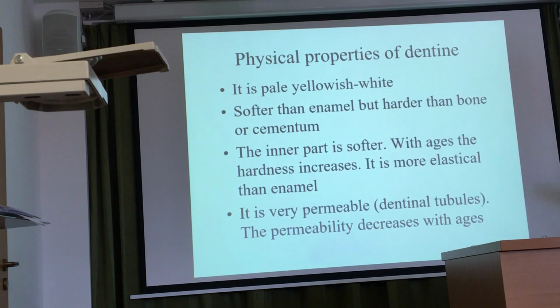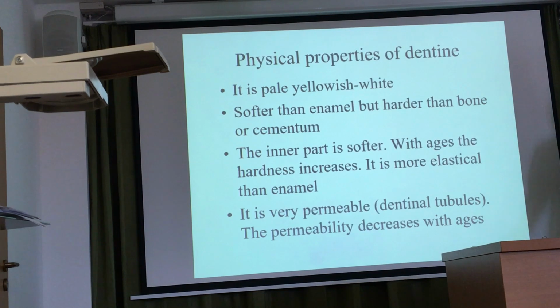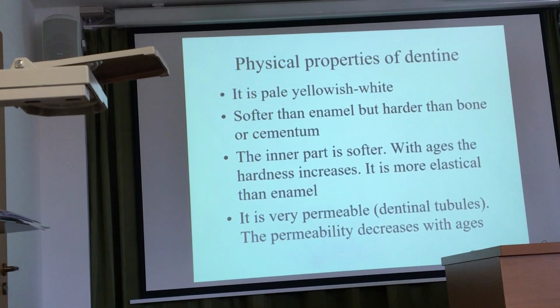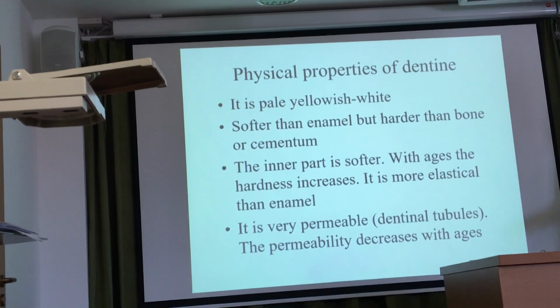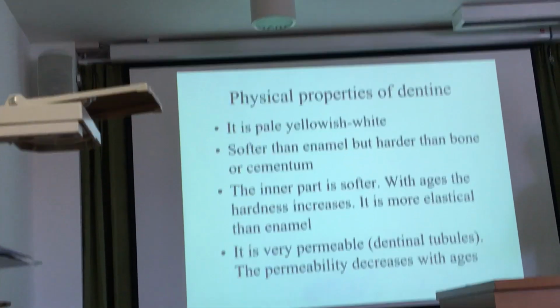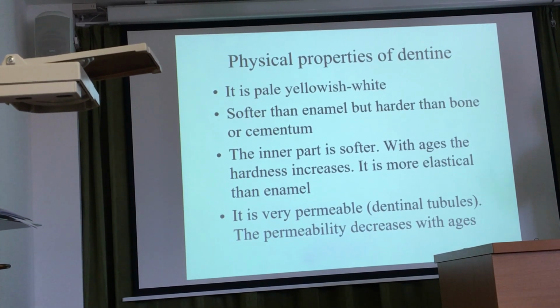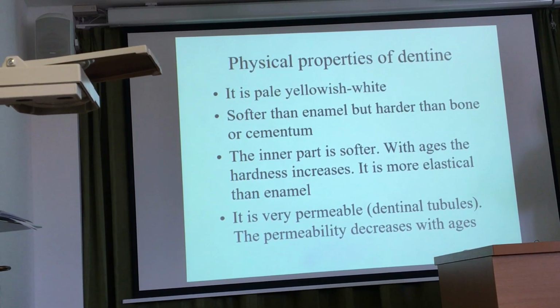tertiary dentin is formed. And this tertiary dentin permeability is less than the normal dentin permeability. So it is very important that in this case, when you have caries, the dentin itself is defending the pulp tissue with tertiary dentin production.